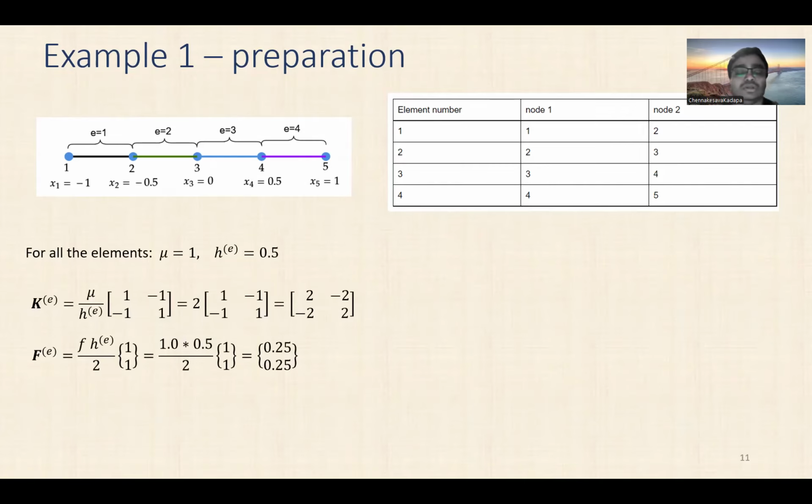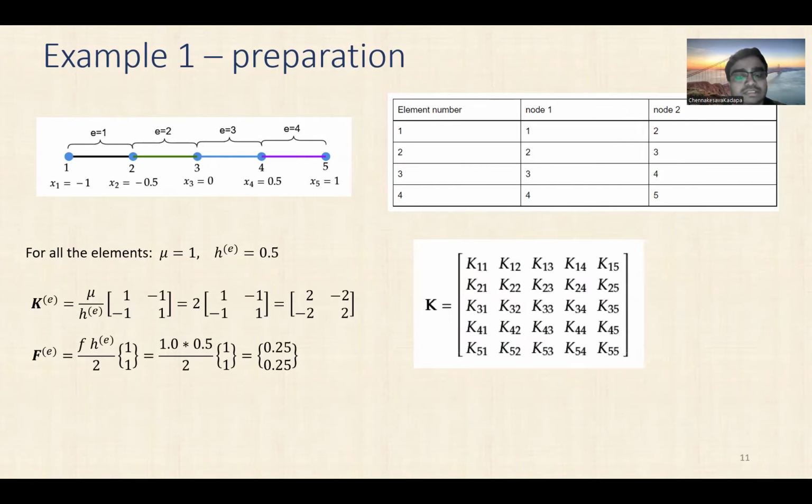Once we have this information, we need to calculate the global stiffness matrix. Since we have 5 nodes and each node has 1 degree of freedom, we have a 5 by 5 global stiffness matrix, and a force vector of size 5 by 1.